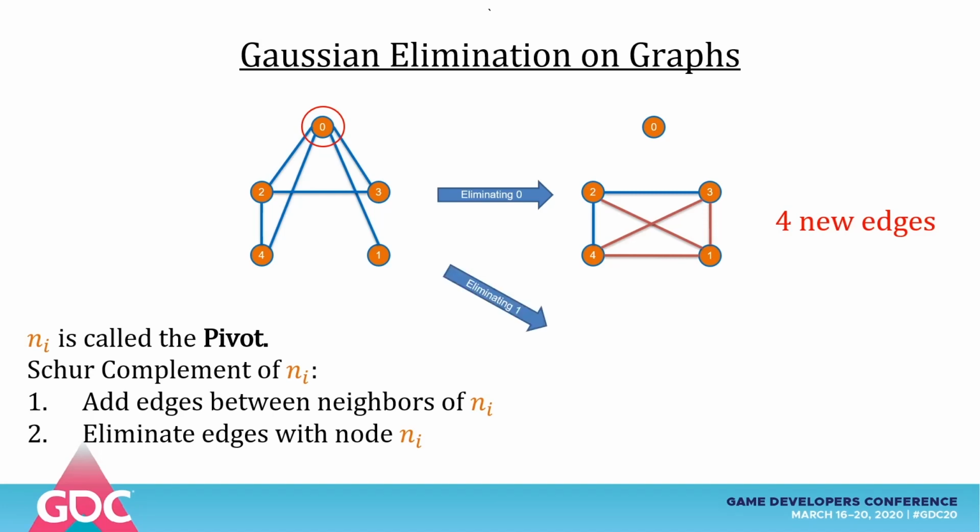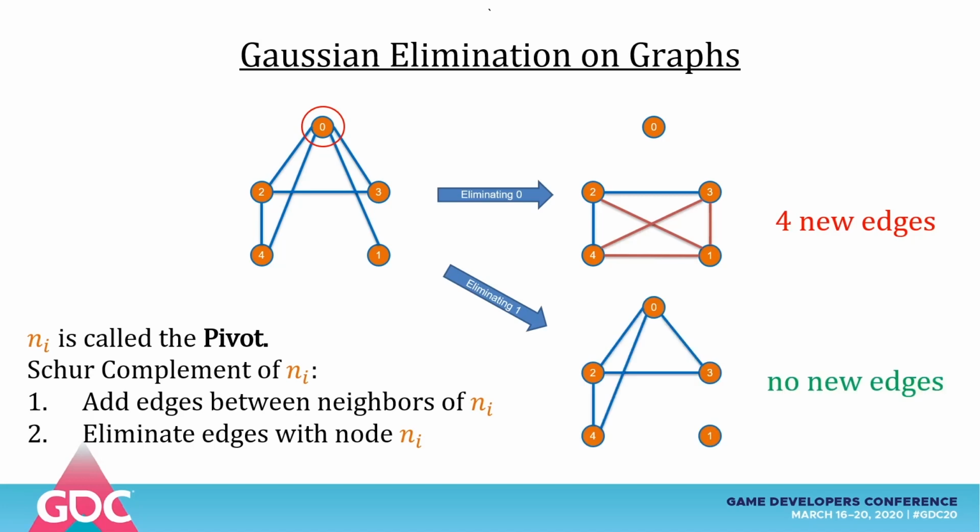There is a better way. If we permute our matrix in such a way that the rows corresponding to node 1 are at the top, we can eliminate node 1 instead. Doing this produces this graph, where no new edges have been created, and therefore no zero elements of the sparse matrix have been filled in. This is much better than eliminating node 0.